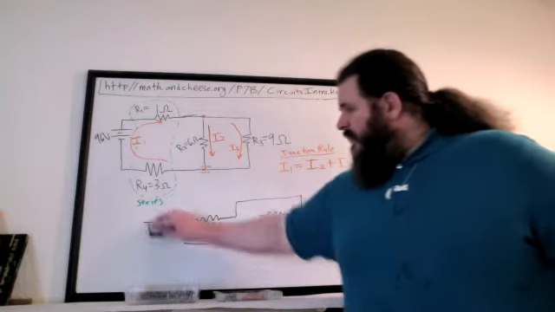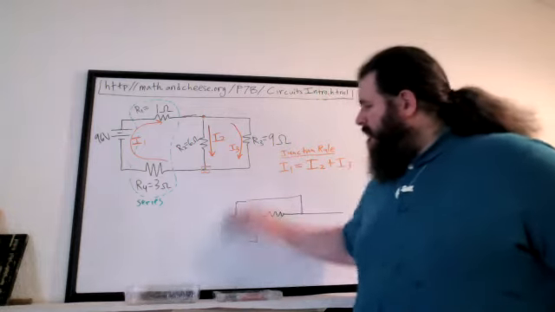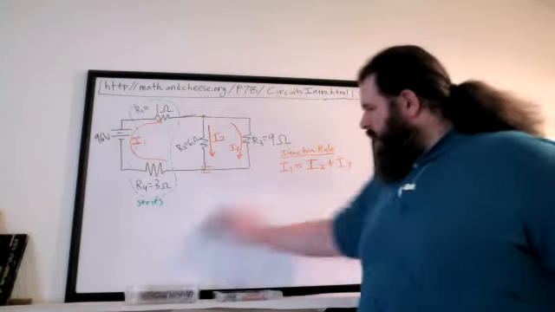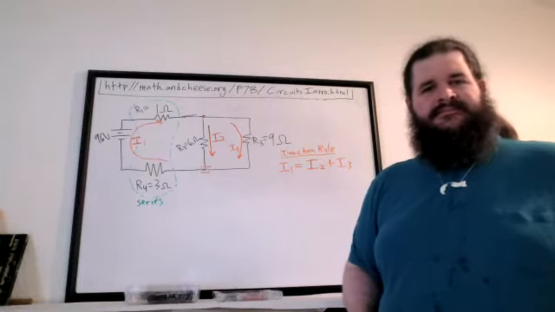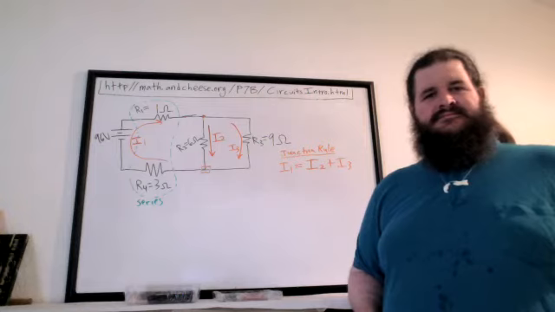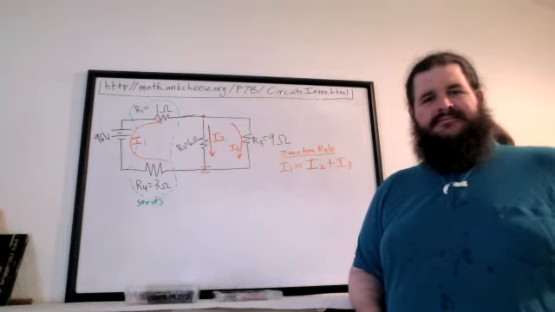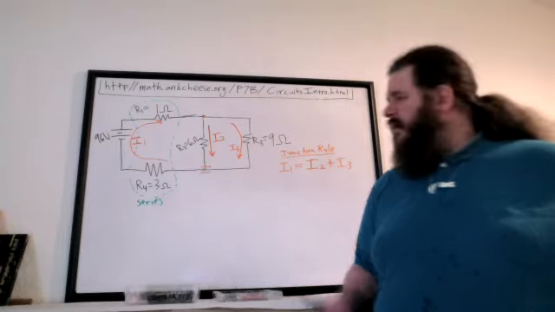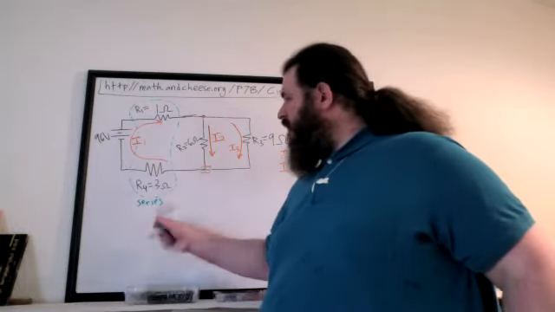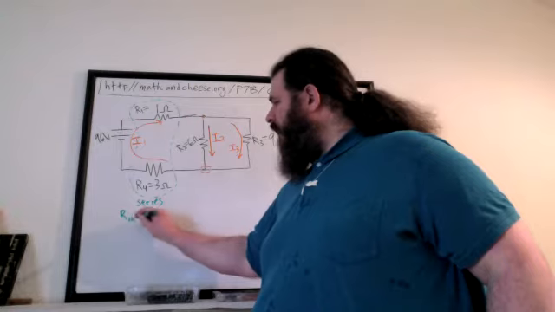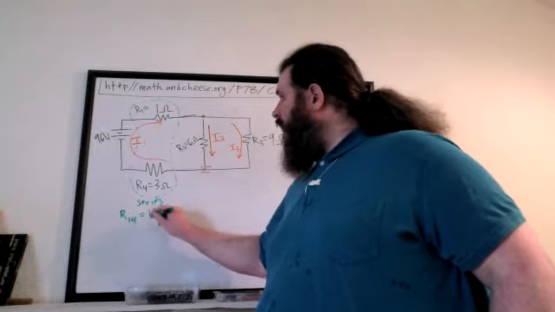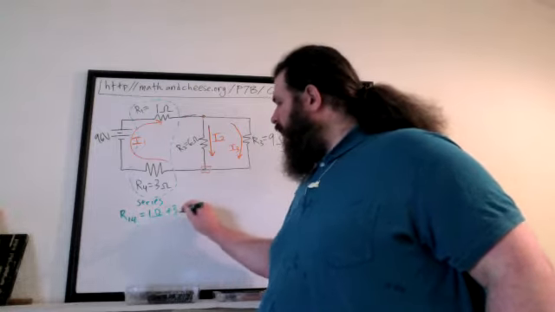And if they're in series, how can we combine their resistances? You can add them up. Yeah. If they're in series, we can just add the resistances. So let's say R14 equals R1 plus R4.